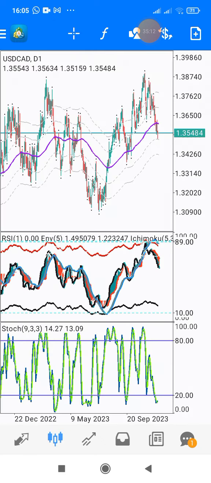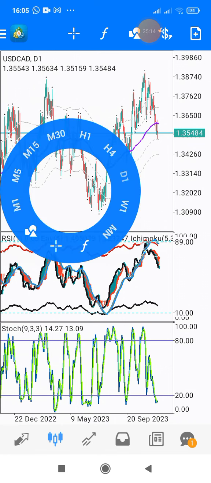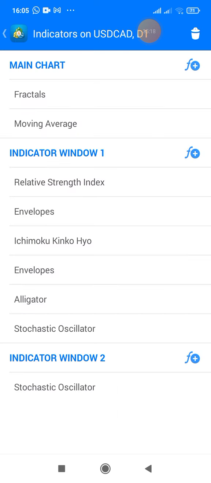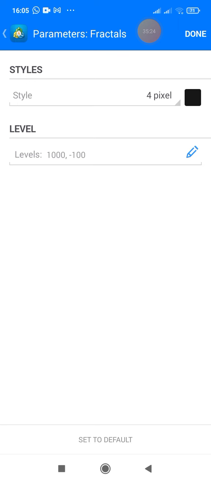On this strategy. Let me now show you the settings. So these are our settings. Those are the settings of the fractals.